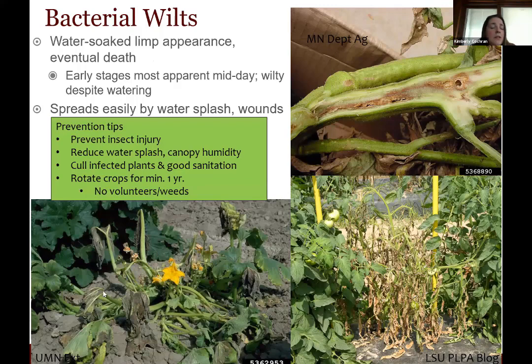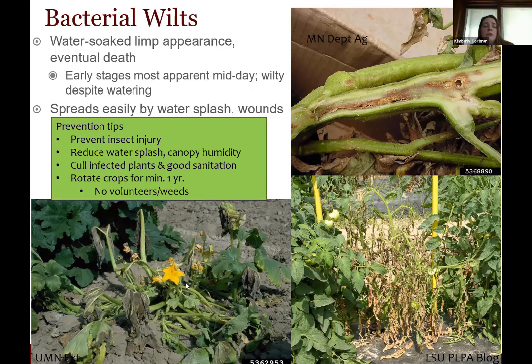I believe that's zucchini. Early stages, before it looks this severe, will be most apparent at midday when it's really hot and the plant just cannot take up water, even though you've watered it. It will look wilty despite watering it as much as it can stand, and still look like it's under drought stress.